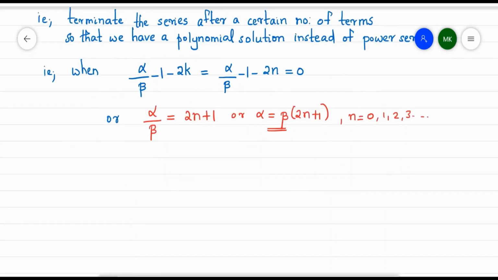The resulting series with a finite number of terms is a polynomial called Harmonic polynomial, denoted as Hn of y.